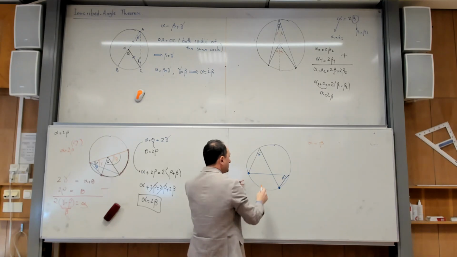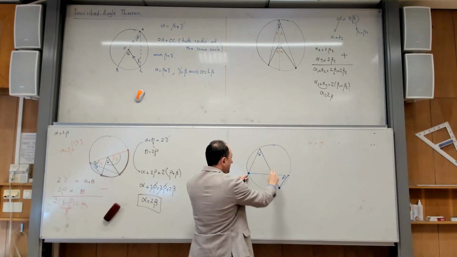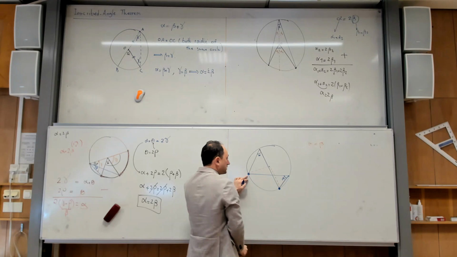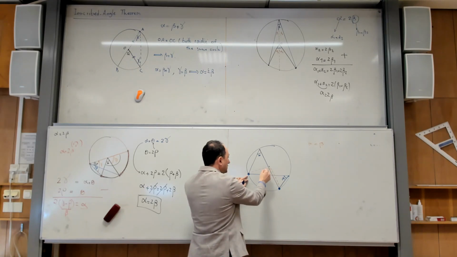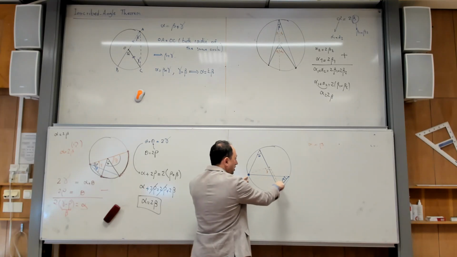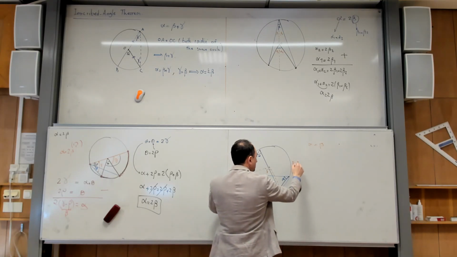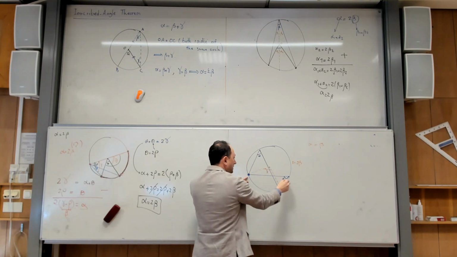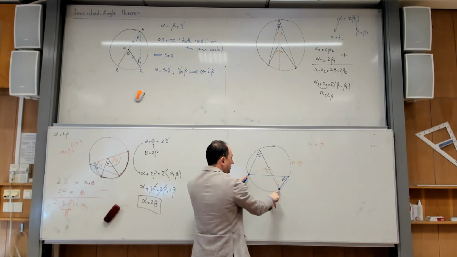If you want to understand why, you would say that, okay, I will find the center, and I connect the center to this one and that one. Yes? And then you call this one, for example, gamma. Gamma is 2 times larger than beta. Why? Because gamma is central, beta is inscribed, but they are opposite to the same arc.